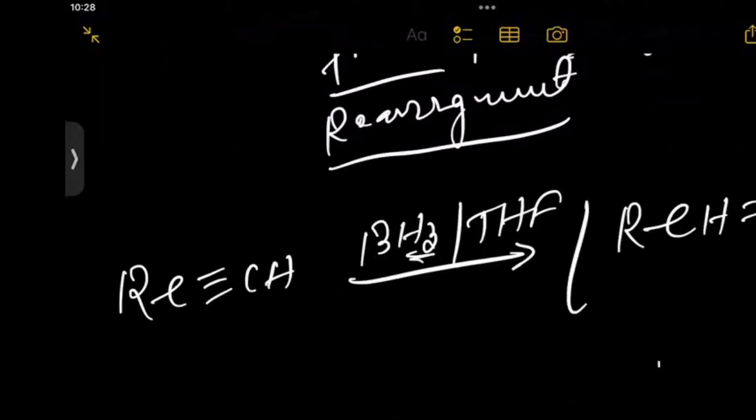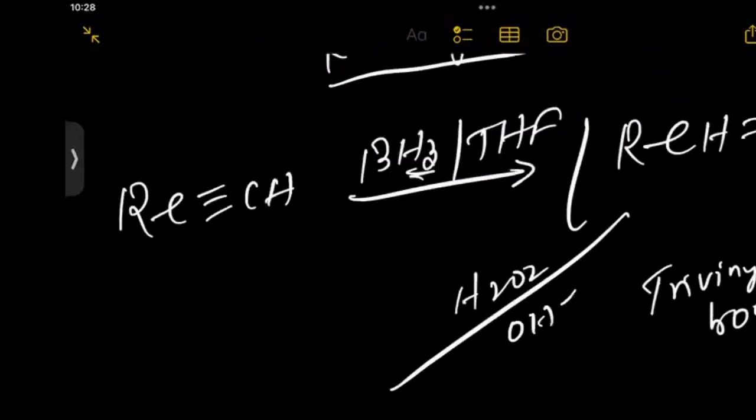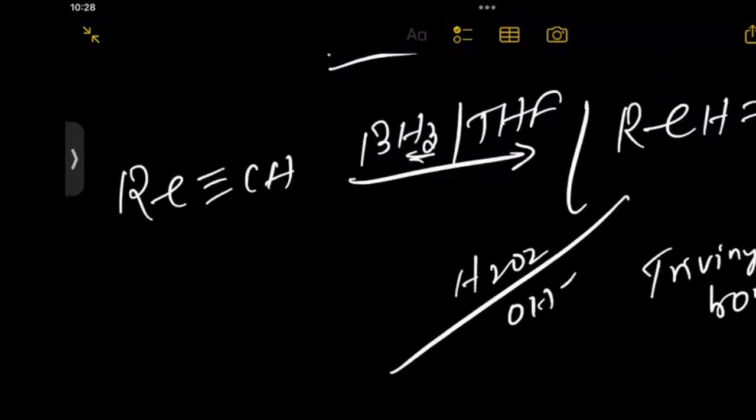This trivinylic borane, when it reacts with H2O2 and OH negative, what happens? RCH double bond CH OH will form, and tautomerism will happen, and then RCH2 CHO will form.